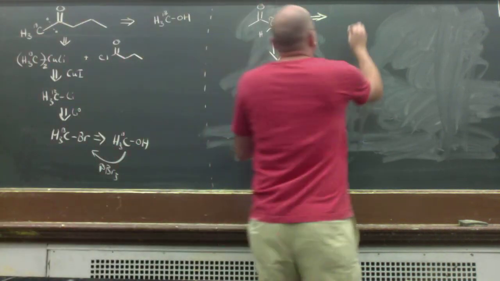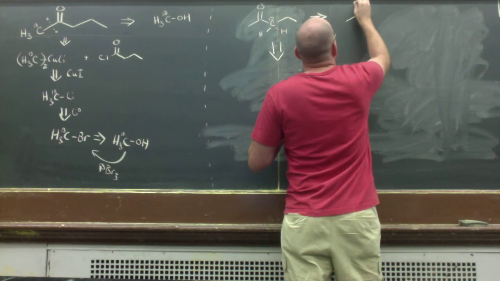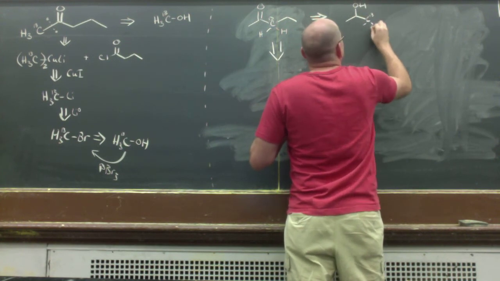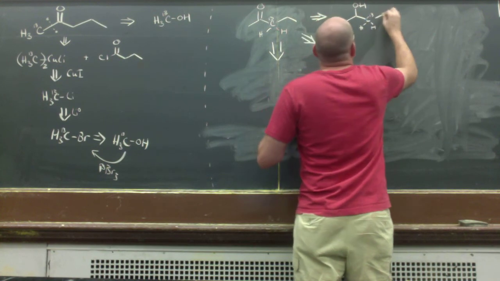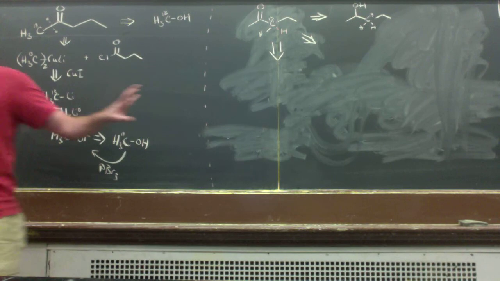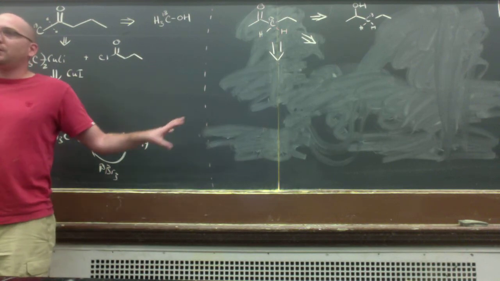Okay, so one option would be to go from the secondary alcohol. Okay, we're not gonna go any backwards at that point from here. We'll worry about that later. Anybody have another one? Yeah.